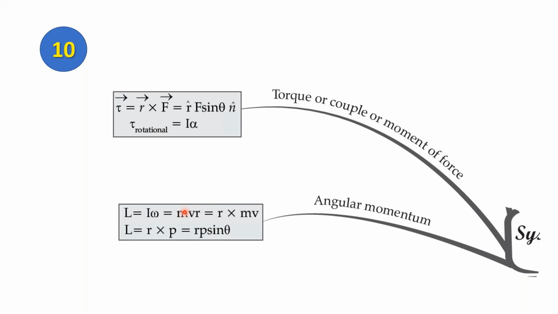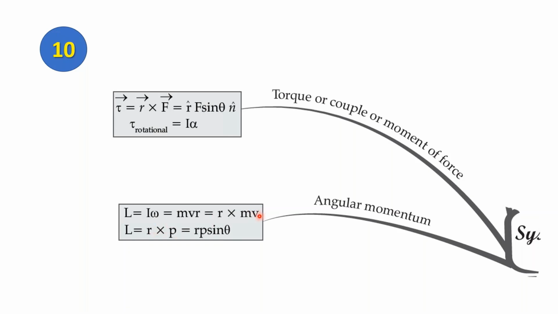So mass is in translational motion and velocity is also in translational motion. So we multiply these by the radius since it's a rotational motion. Now we separate r from the other two and write it as r and with the multiplication symbol, and we write mv. We can combine mv to linear momentum.